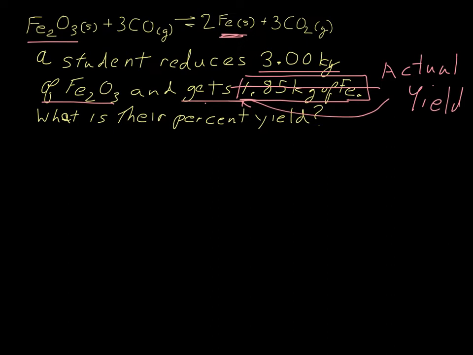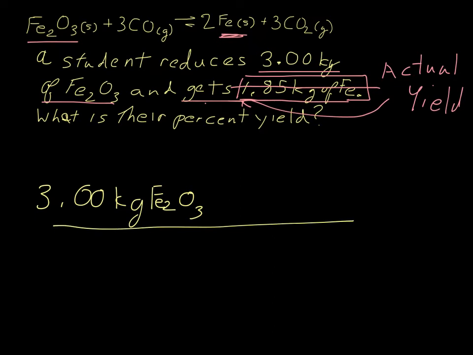So that means we're going to be starting with our 3 kilograms of iron(III) oxide. But what should we do with it? Well, if I'm wanting to solve for percent yield, I need to know what my theoretical yield is. So I'm going to solve for my theoretical yield.